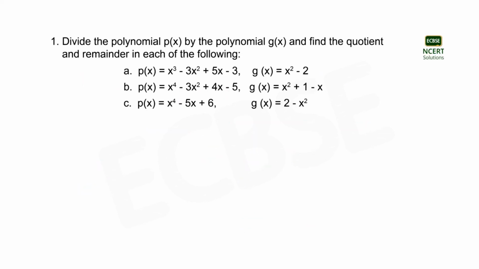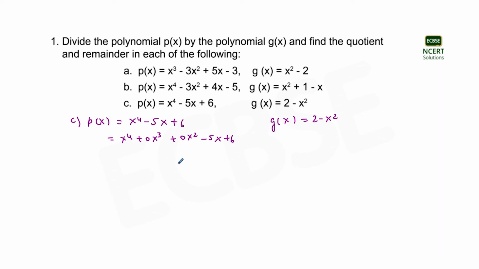Now moving to the C part of the question, here the polynomials provided are P(x) is equal to x^4 minus 5x plus 6 and G(x) is equal to 2 minus x square, or we can write it as x^4 plus 0x cube plus 0x square minus 5x plus 6.